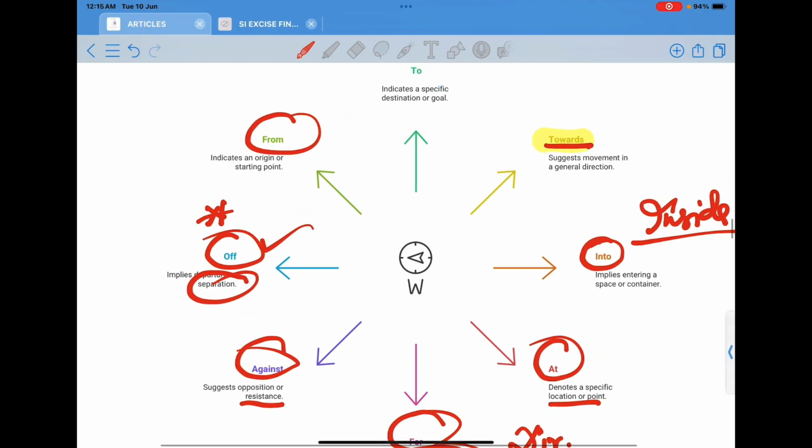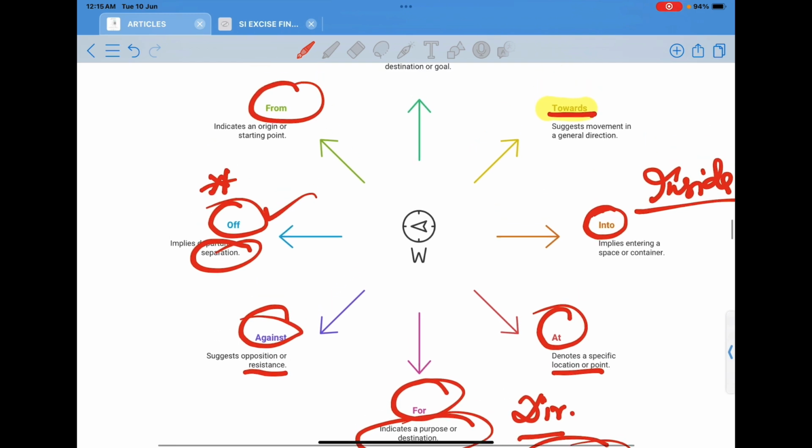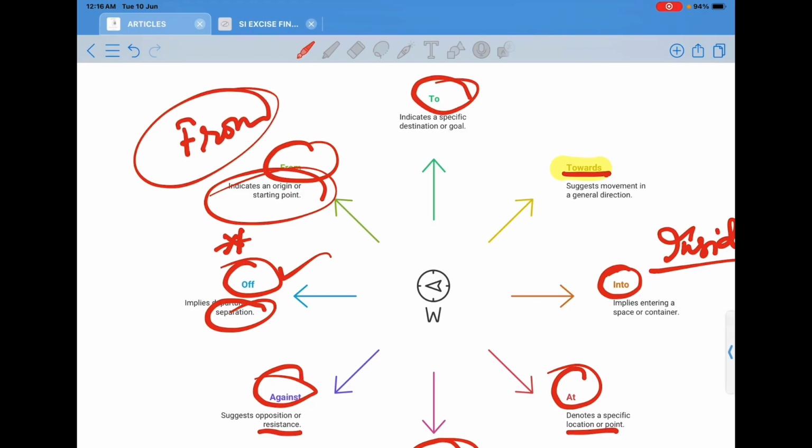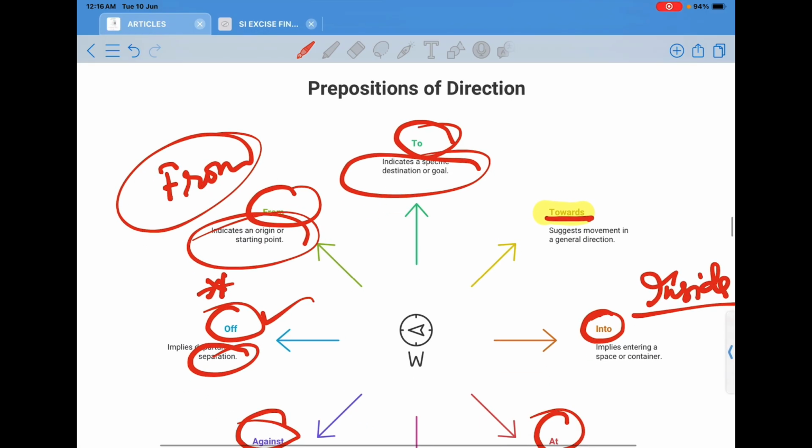Next, from. From indicates an origin or starting point, a point of departure. For example, the man parted from his friends. When you are talking about a starting point, you will use from. To will be used to indicate a specific destination or goal. For example, we walk to the river.